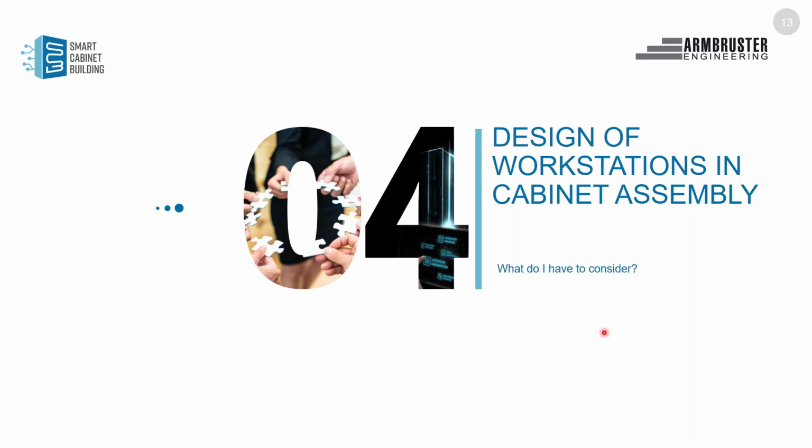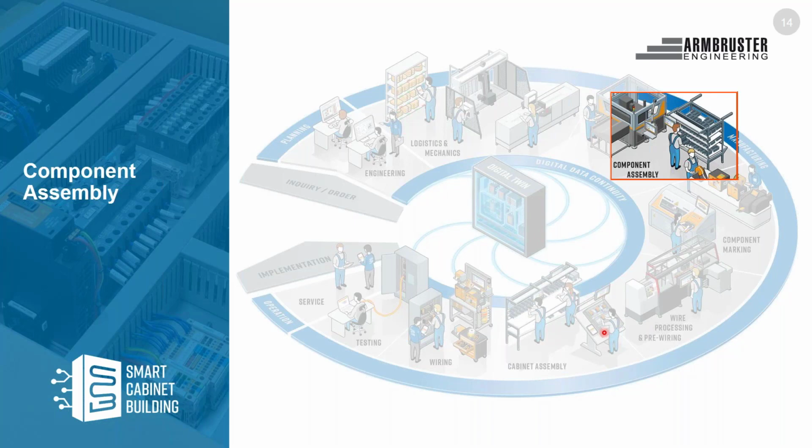If you go to the next slide, you will see the first area which Armbruster Engineering is focused on. So in this ideal process, we have a component assembly. And before this component assembly, we have an automated rail assembler. This rail assembler will place all the components on the rail that are, let's say, the high runners.